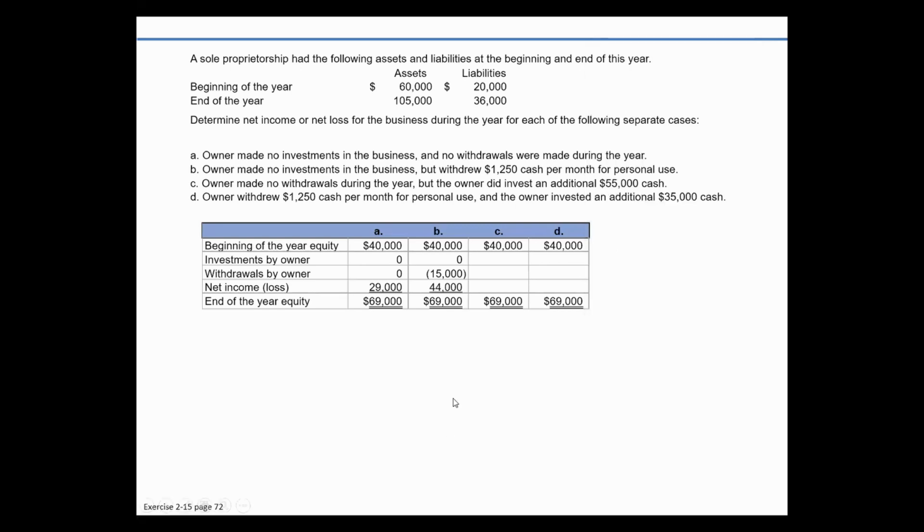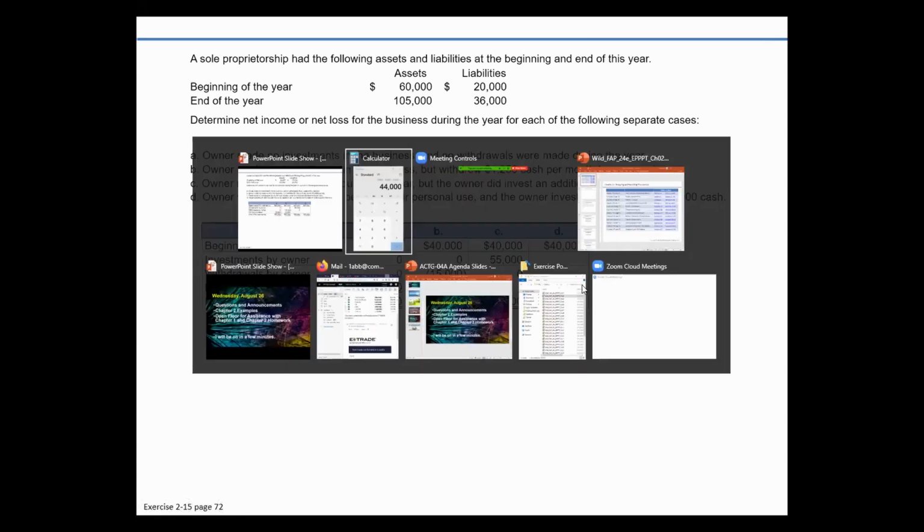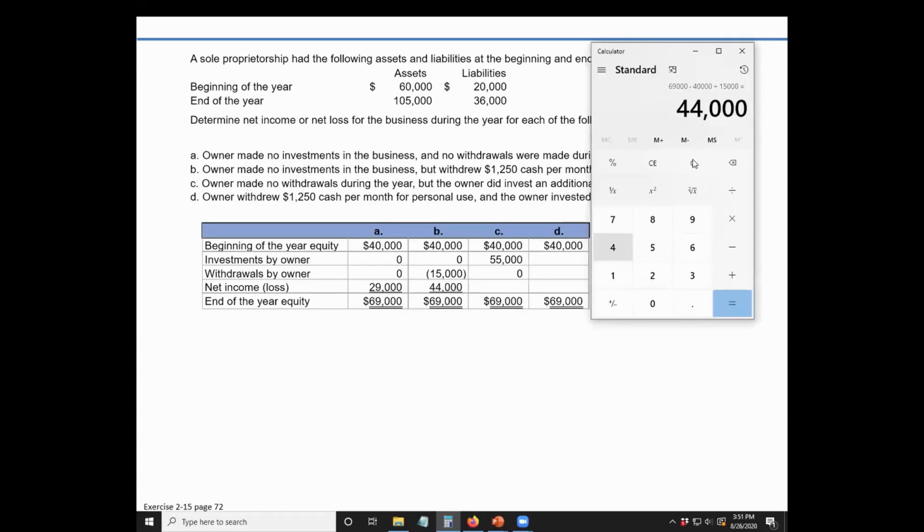And then on number C, it says the owner made no withdrawals during the year, but the owner did invest an additional $55,000. So then we have 40,000 plus the investments by owner, which is 95.